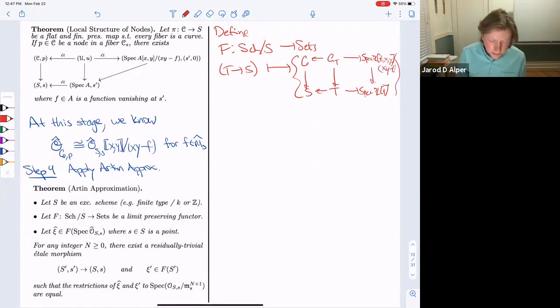And so this is our functor, and because C over S is locally of finite presentation, you can check that this functor is limit preserving.